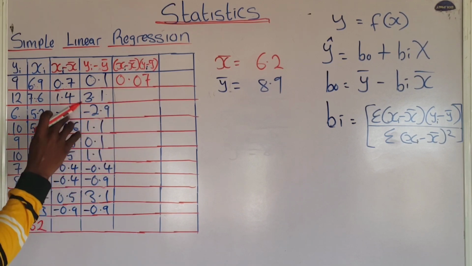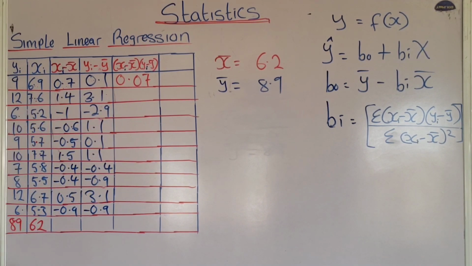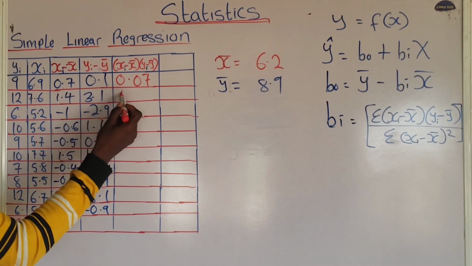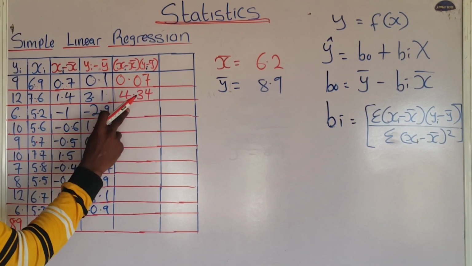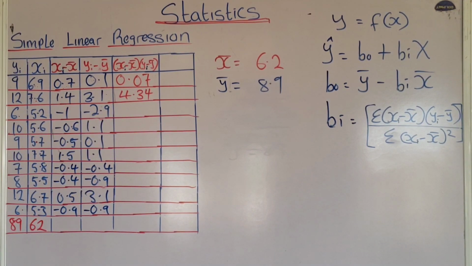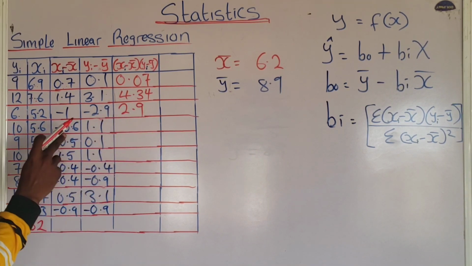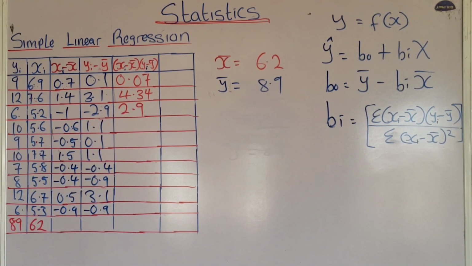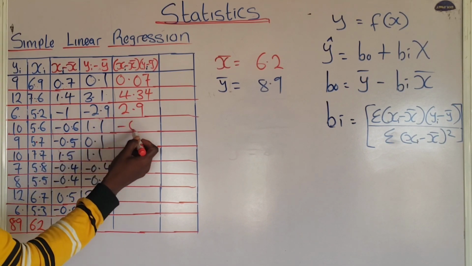Now, for the next cells, 1.4 multiplied by 3.1, that will be 4.34. For these cells, negative 1 multiplied by negative 2.9, that is 2.9. Negative 0.6 multiplied by 1.1, that is negative 0.66.